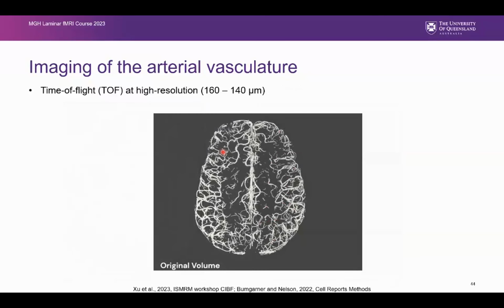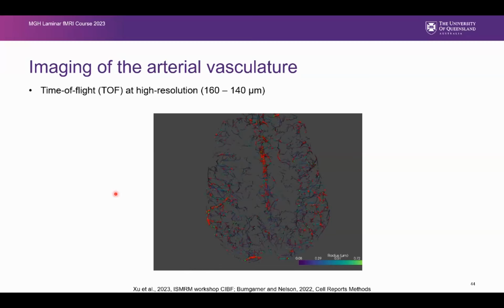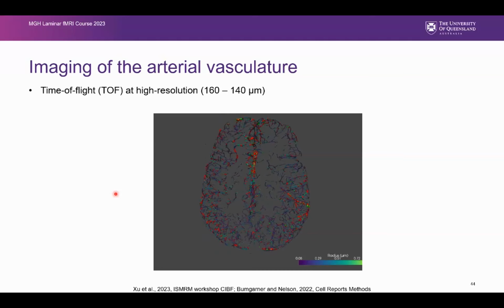And you can do some really nice analysis with it. So this is basically taking the segmentation, smoothing it, extracting center lines, scaling the vessels according to their diameter. Then you can also look for branch points and endpoints, and basically get a little bit of quantitative information on your vasculature.